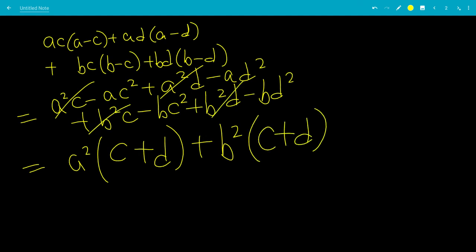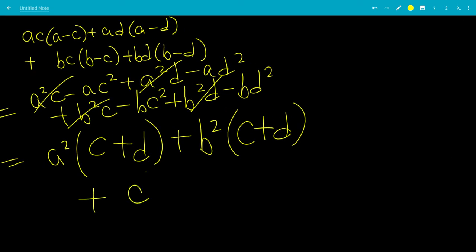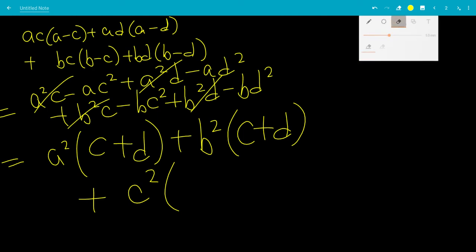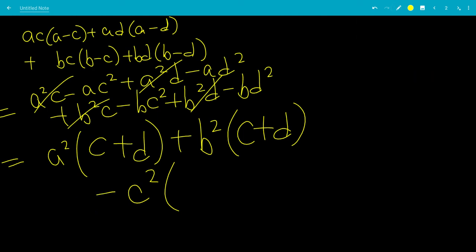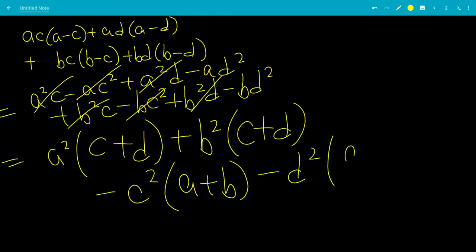Then we're going to do the c squared terms, actually negative c squared because we have negative signs. So we have negative ac squared and negative bc squared, so we're going to do a plus b. And finally, for d squared, it's going to be the same thing, a plus b. And then we cancel all of these out.